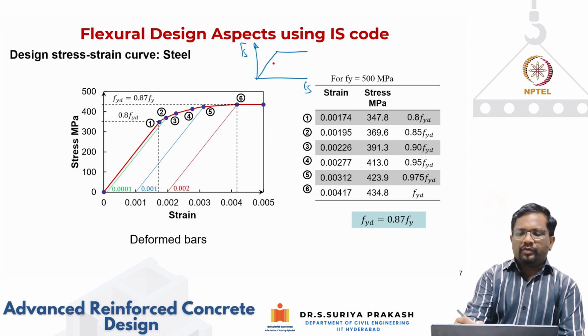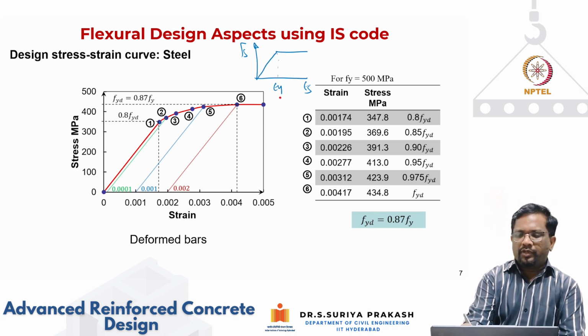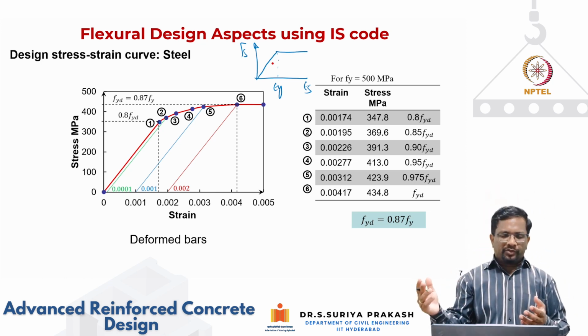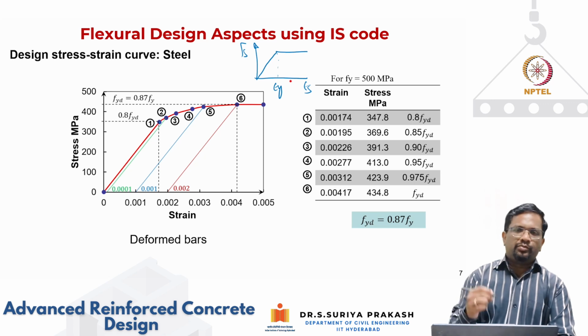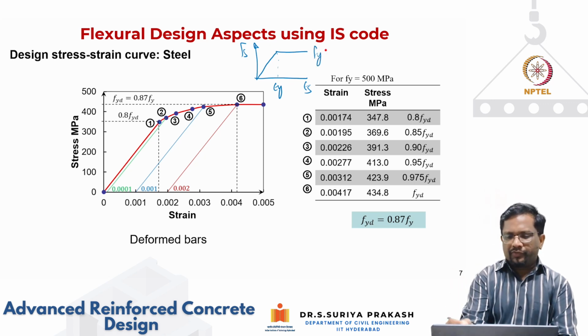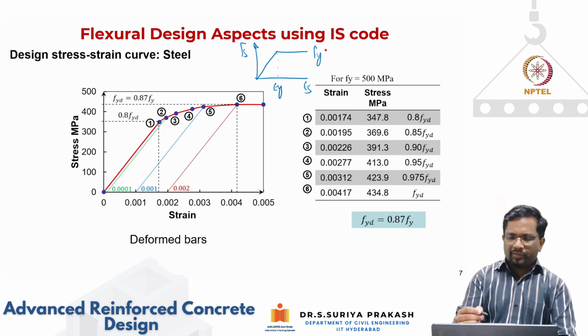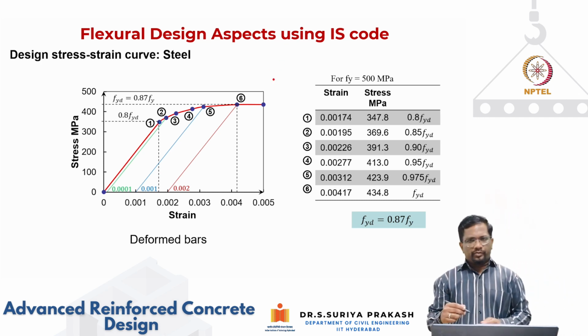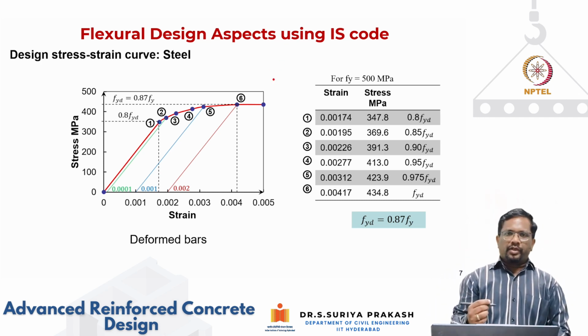Up to a strain of epsilon y, stress is the elastic modulus times the strain. And the moment strain becomes more than epsilon y, the stress remains constant at a value of Fy. So it's very easy to do the calculation, but the code is specifying this as a design stress strain curve. So this is what we have to use for calculating the capacities.